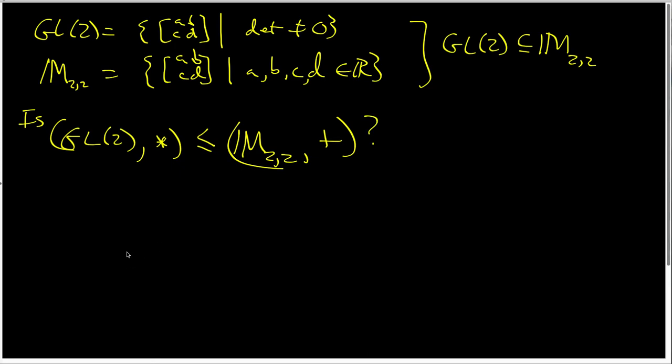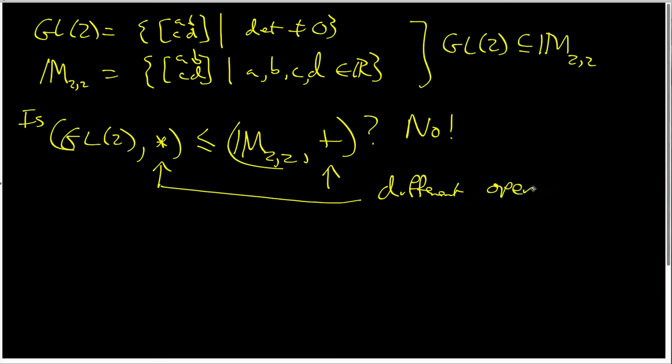And the answer to this one is going to be no. The reason why is we have different operations. It is true that both of these things are groups, but they have different operations. So that means GL2 is not a subgroup of M22.